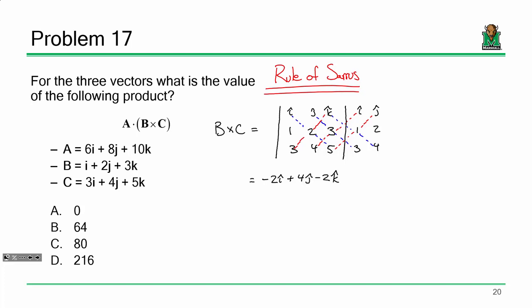All right. So, what we just did is we crossed B and C, right? Okay? So how do we continue the problem? We take this and dot it with A, right? So how do we, maybe I should be consistent and put my little symbology there.